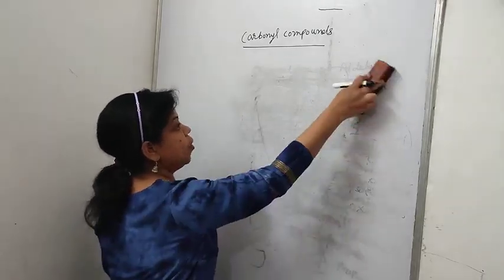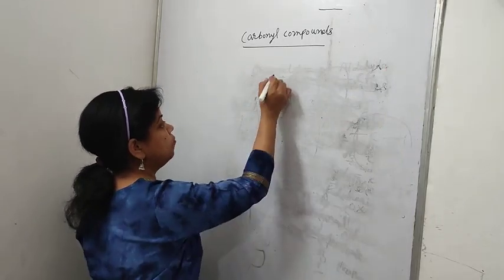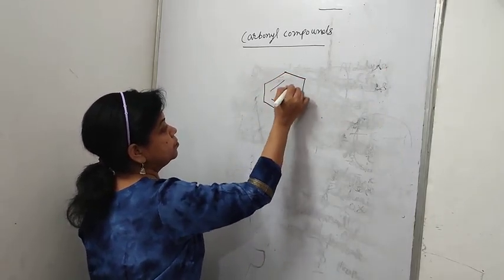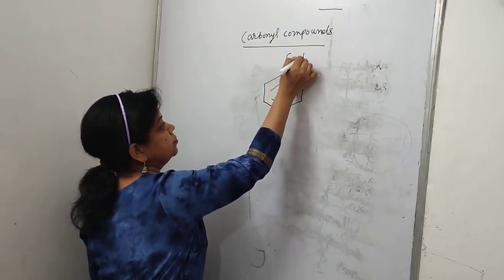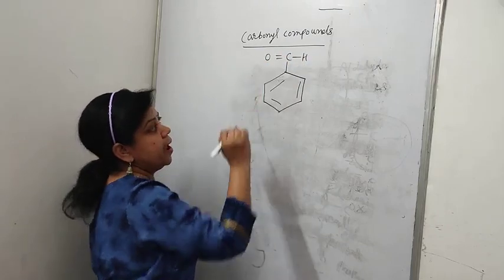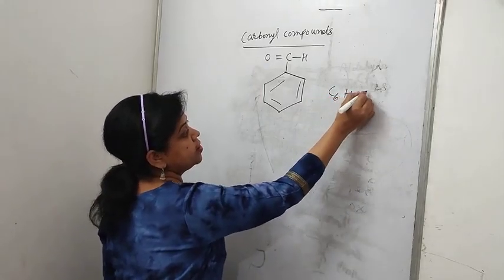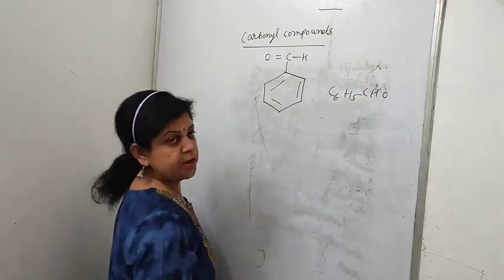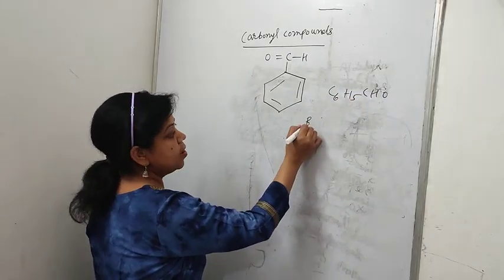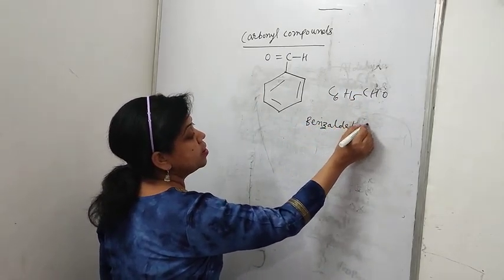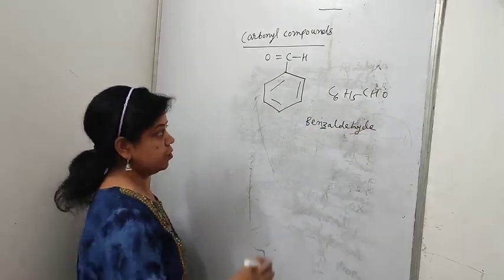Let's see some another example of aromatic aldehyde. This is the aromatic aldehyde. We can write it like this: C6H5CHO. It is known as benzaldehyde. The name of this compound is benzaldehyde.